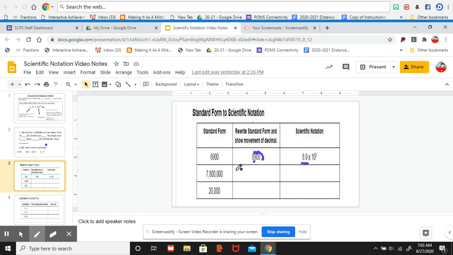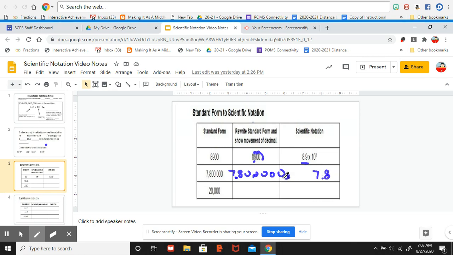Looking at 7,800,000, and I'm going to write a little larger. It's a whole number, so the decimal is back here. We want to move it between the 7 and the 8. So our first factor is going to be 7 and 8/10.